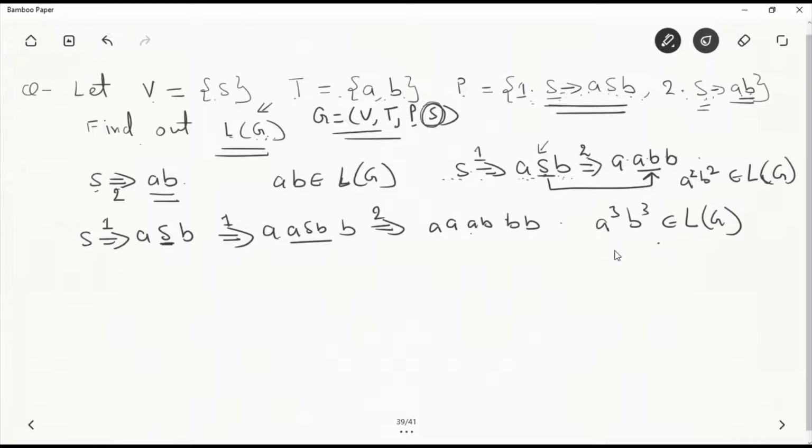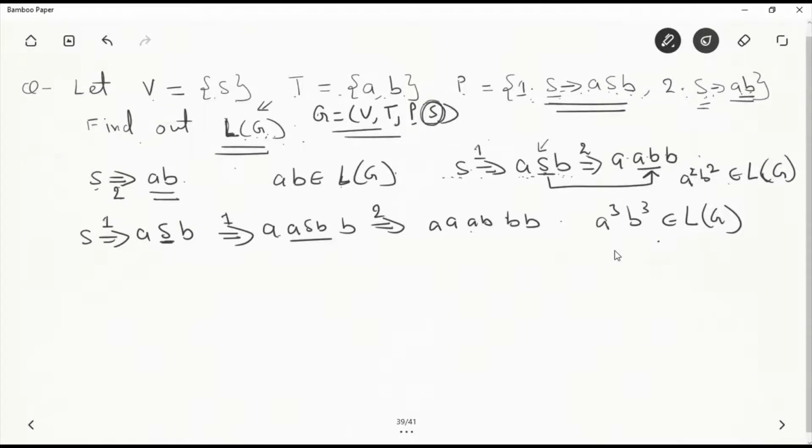If you have gone through the definition of language, all such strings derivable from the starting symbol constitute the language generated by this grammar G. So we have seen AB, A square B square, and A cube B cube belong to L of G. What we can see here is that the number of A's is equal to the number of B's in each case.